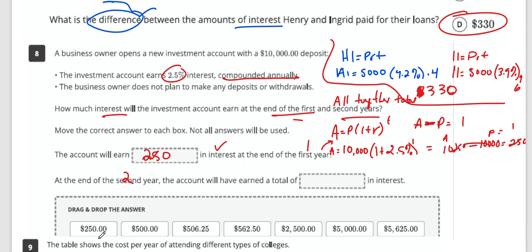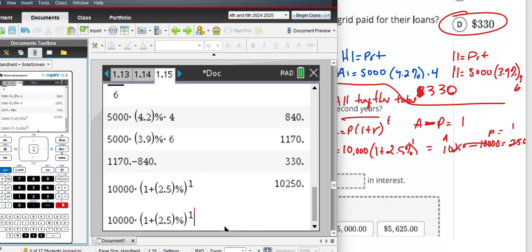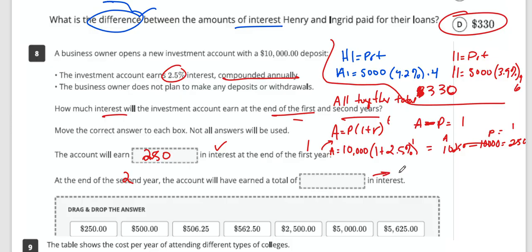So I'm going to go back over here and copy it down. The only thing I need to change is that number up here. I need to put a 2 because they want to know at the end of year 2. So now here's 10,506. Okay, I should have written it down here. So for year two, we're going to go with the same thing.